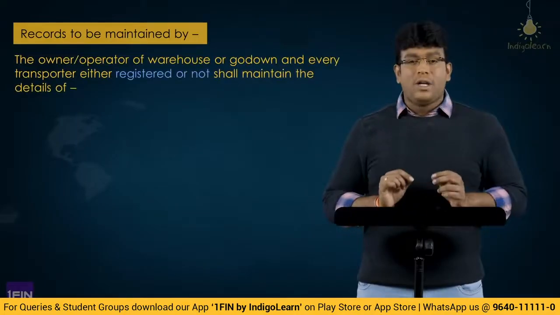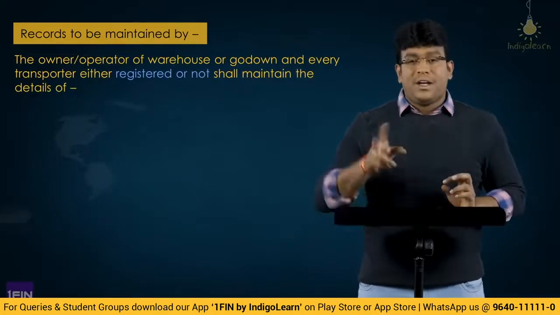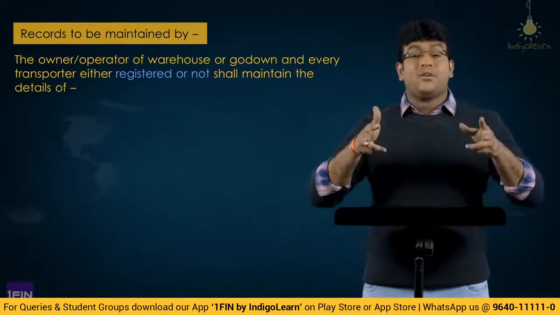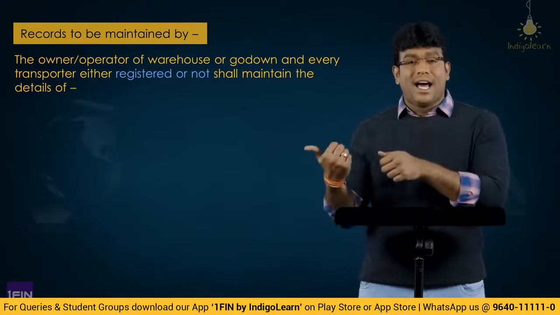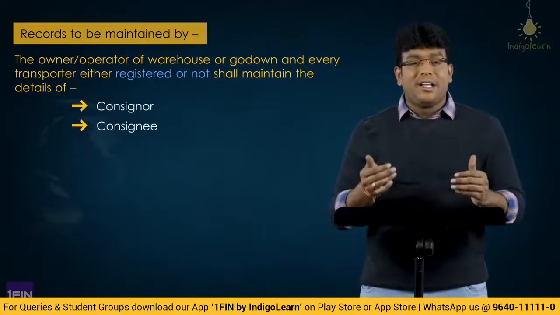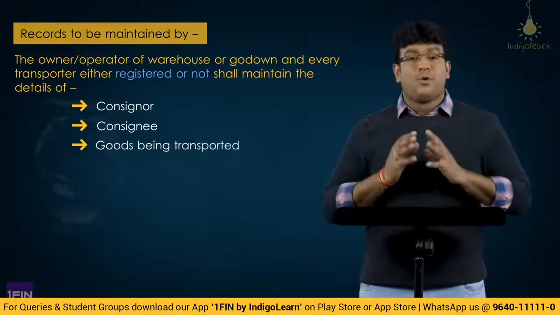Now the interesting point given in the law is that this owner or operator of a warehouse or godown and every transporter, whether they are registered or not registered, should still maintain the details of consignor, consignee, and also the details of goods that are being transported.